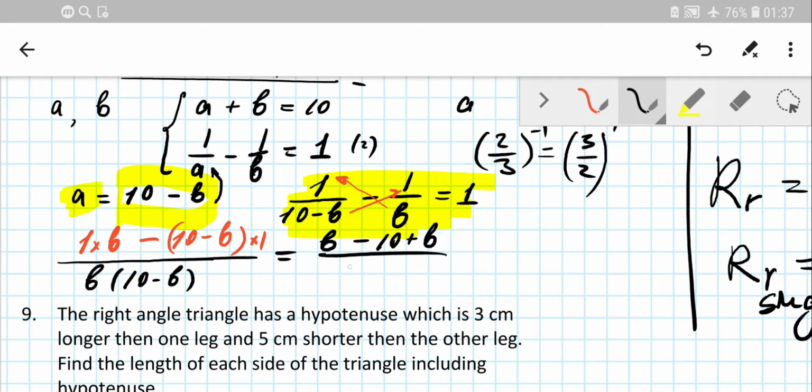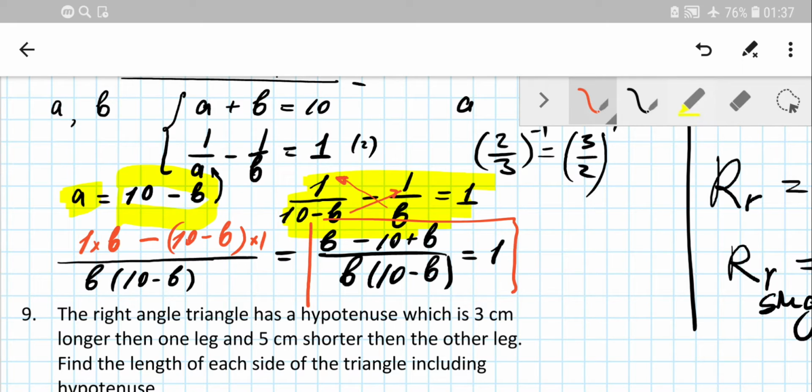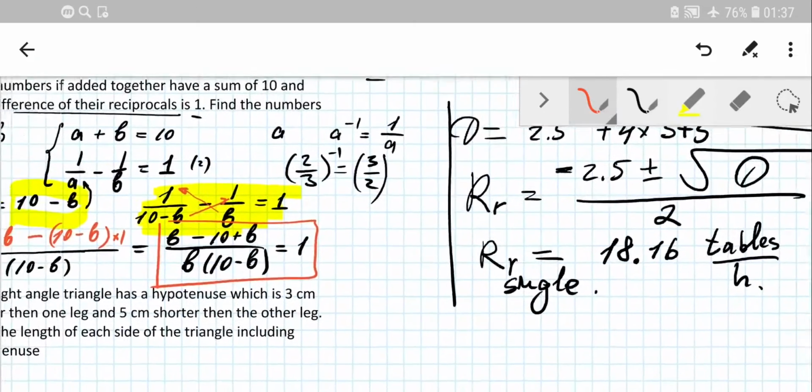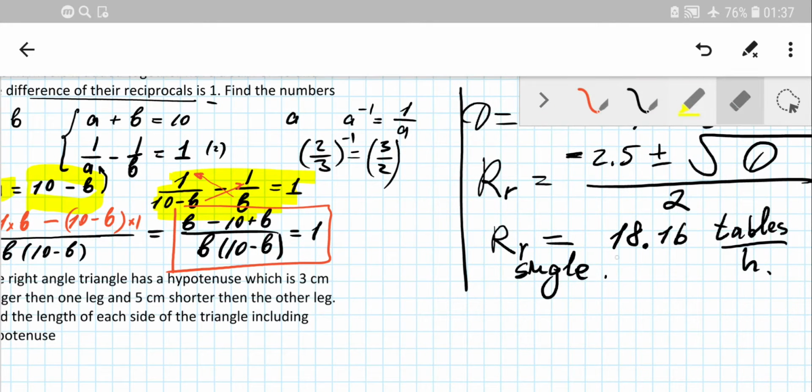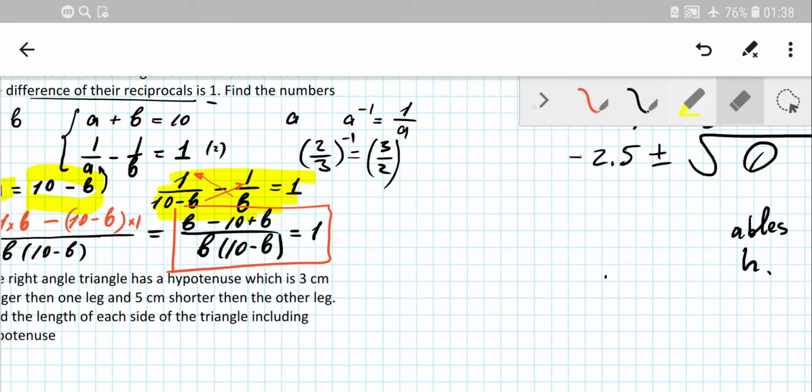Okay, that's what we have. Equals to b times 10 minus b. And that result equals to 1. Okay, I just simplified that. And that's almost the last equation that we're going to explore. Okay, so guys, have a look there. That's what we have. So I just erase because I need a space.